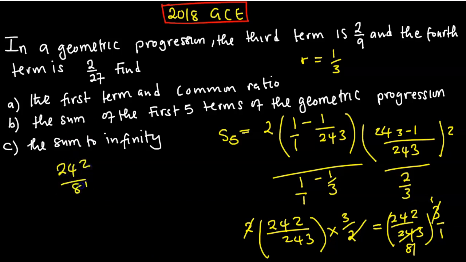That is the sum of the first 5 terms. So 242 divided by 81, what are you going to have? 2.99, as your sum of the first 5 terms of the geometric progression.